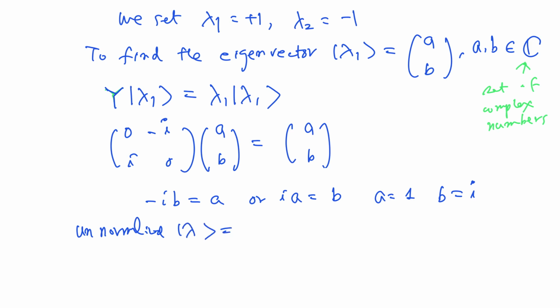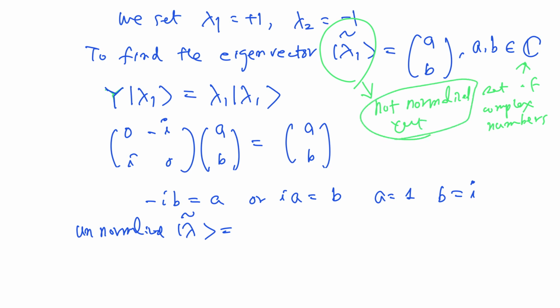Let's write it this way, with the tilde meaning unnormalized, not normalized yet. Then we have (1, I), right?